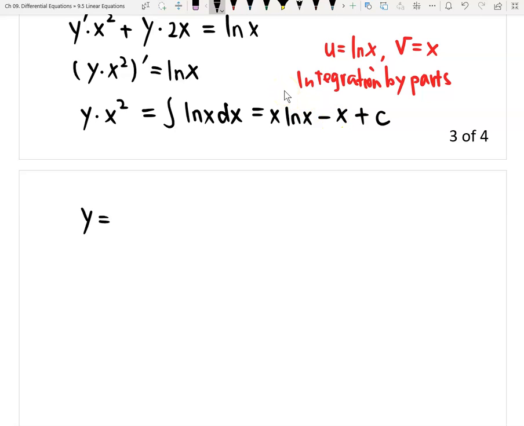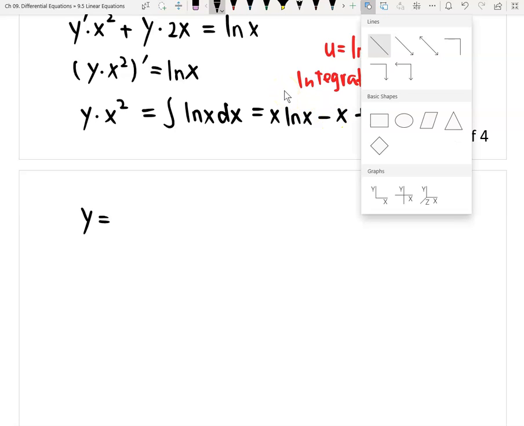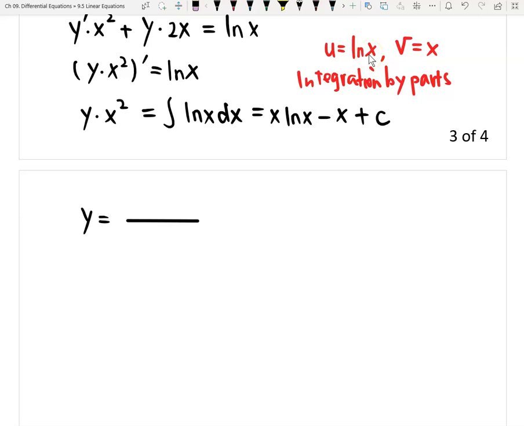Good. So what do we get? We will get this fraction, which is ln x minus 1 over x, and then plus the second term, c, a constant number, over x squared.